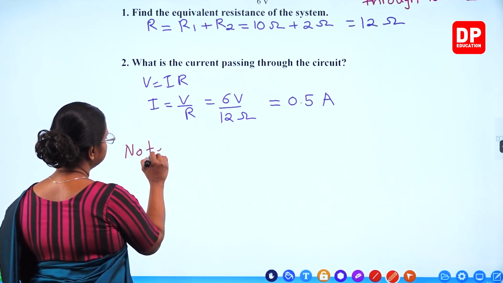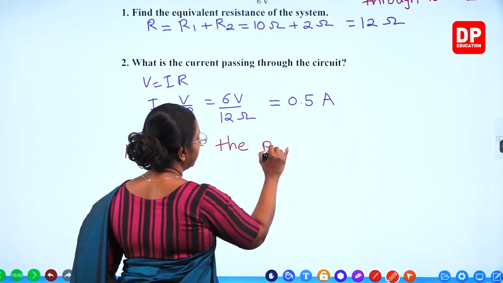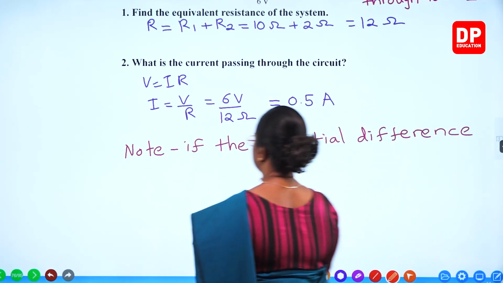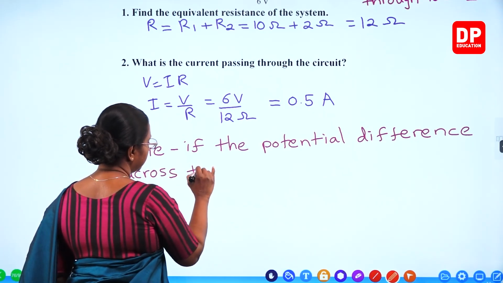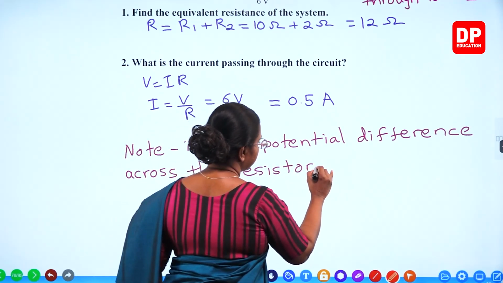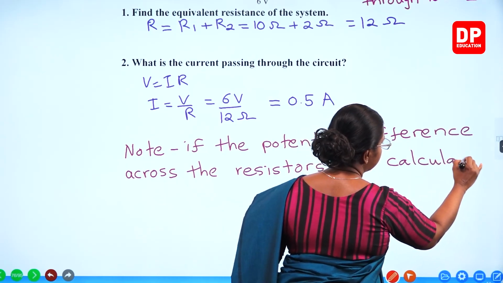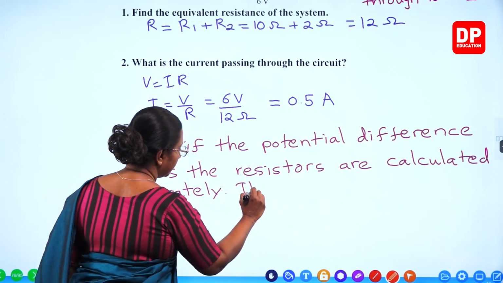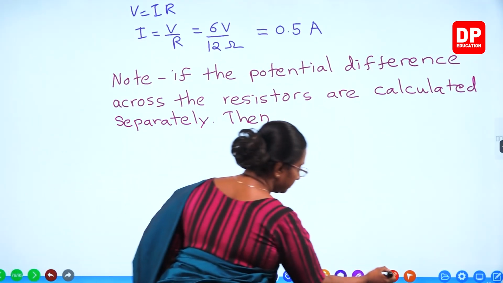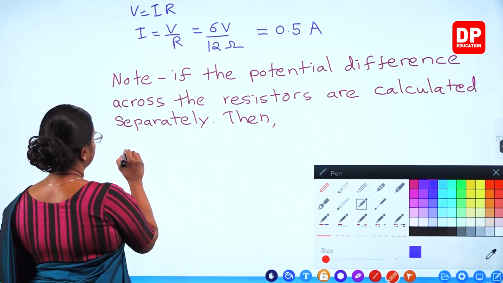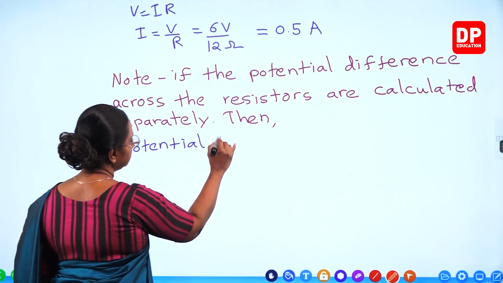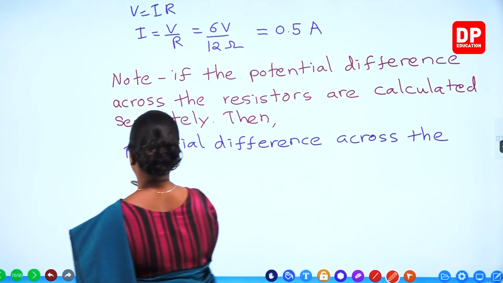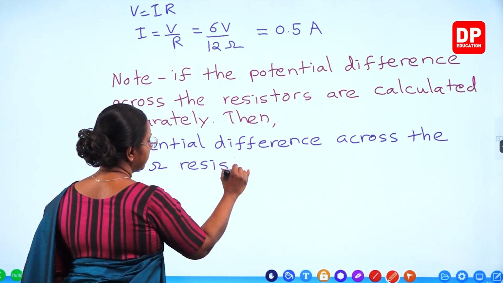As a note, I will do it. If the potential difference across the resistors are calculated separately, then potential difference across the 10 ohm resistor.